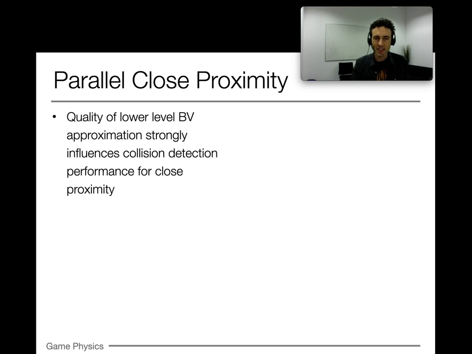Yeah, so now I want to get back to this far away assumption. So one of the worst cases really for collision detection that can happen is what's often called a parallel close proximity case.